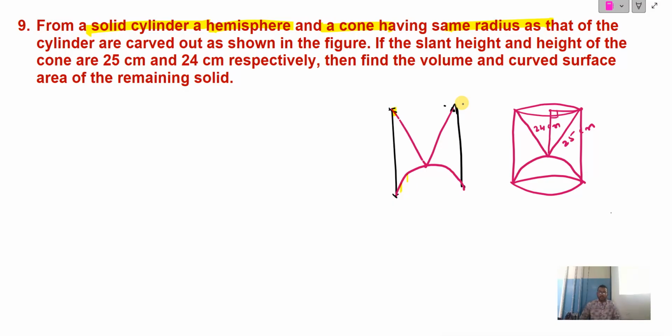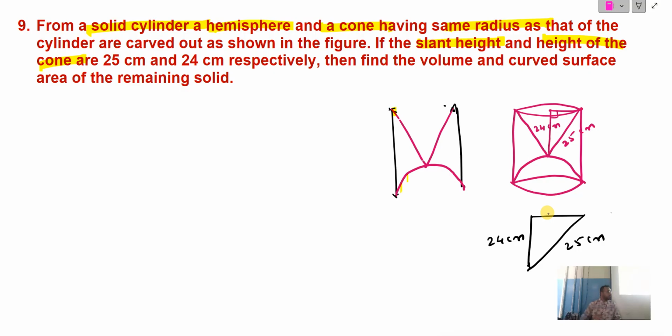Now as you can see, they have given the slant height value and the normal height value of the cone. By using these dimensions, can we find the radius? Yes. We need the value of r. So can I apply Pythagoras here?